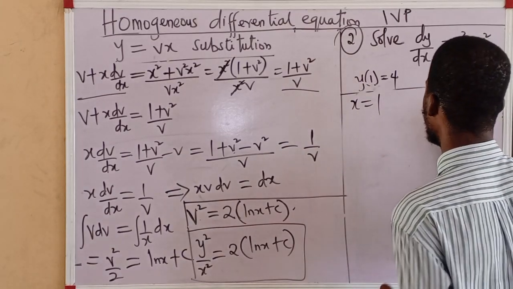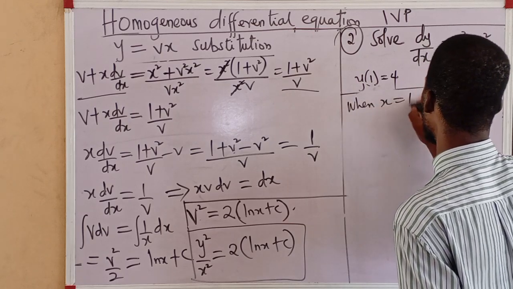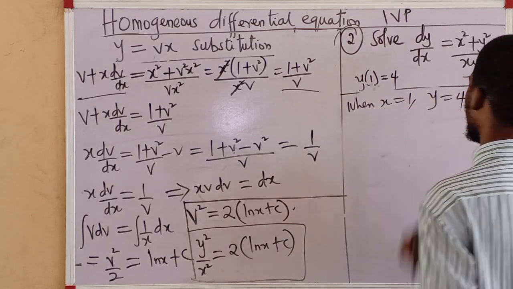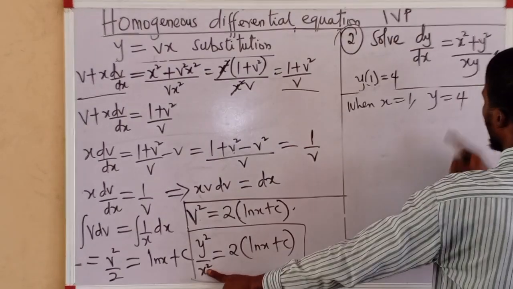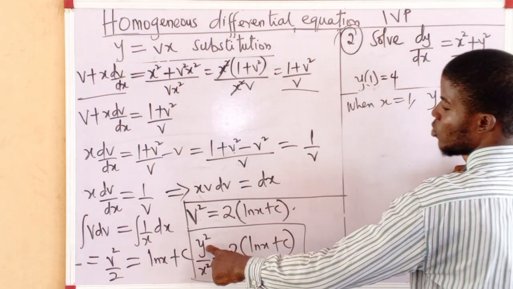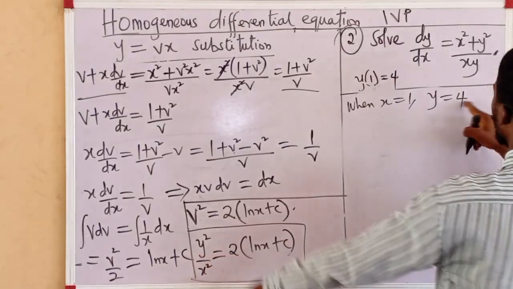Or we can say when x is equal to 1, y is equal to what? 4. So let me put 1 here for x. Let me put 4 for y. So that we'll now solve for what? C.